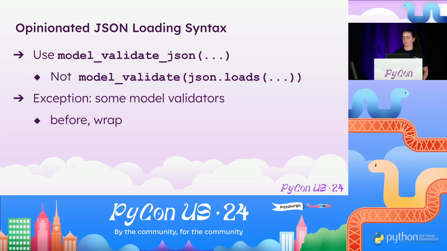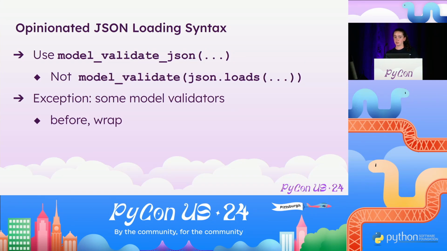The reason being, when you use json.loads within that model_validate call, you actually materialize that data as a Python object, whereas if you use just the model_validate_json that we provide, that only materializes as a Rust object, and so you get to skip a step, which makes it quicker.